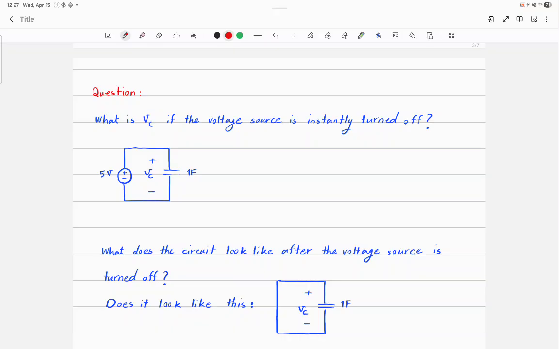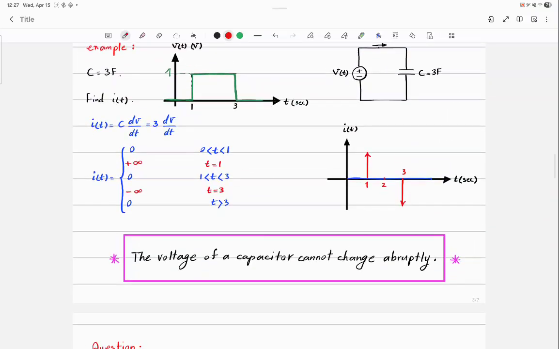If I turn off the voltage source instantly, unplug it, what's the voltage across the capacitor right after unplugging? It stays the same, 5 volts, right? You all agree. We just established that. The voltage cannot jump.